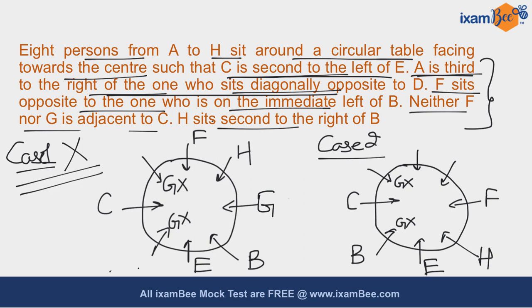You can try fixing it, but you will not be able to fix it. However, if you try fixing in case number 2, you know that A is third to the right of the one who sits diagonally opposite to D. So if D is placed over here, H is diagonally opposite to D, and A is third to the right of the one who sits diagonally opposite to D, you can place A over here and G over here.